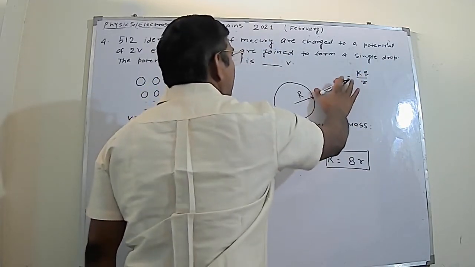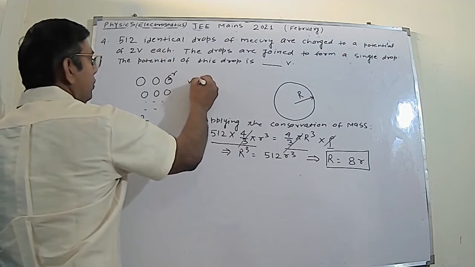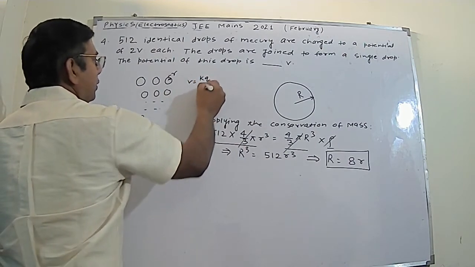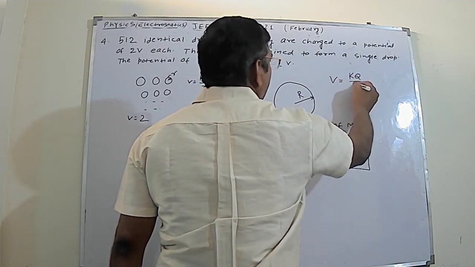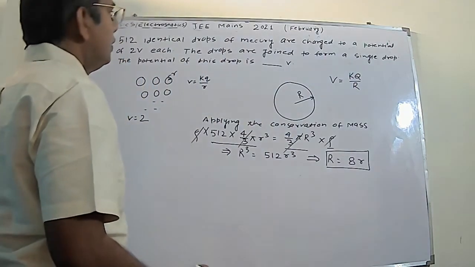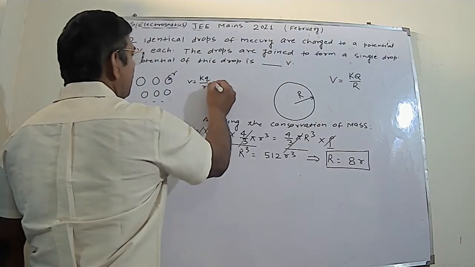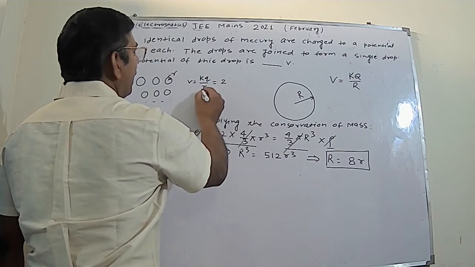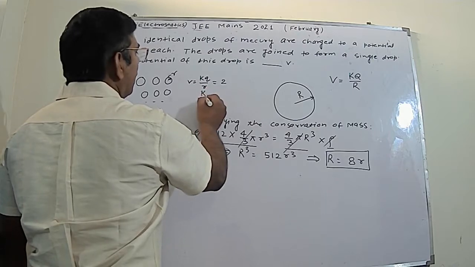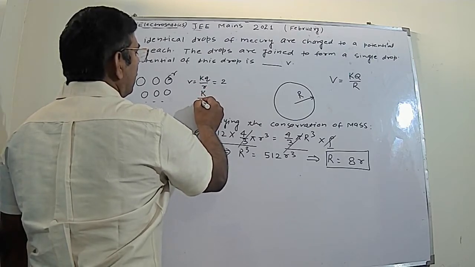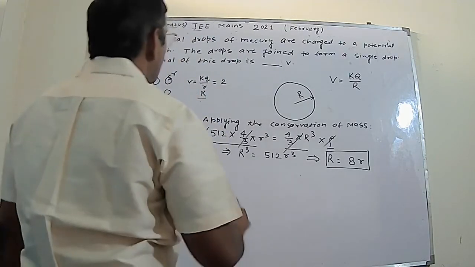So this is a small v, we can write here potential v is equal to KQ by r, and this one potential here will be K into Q by R. From here we can see that this is given as 2. So KQ by r is equal to 2, right?